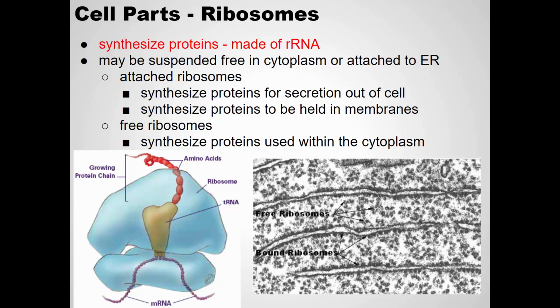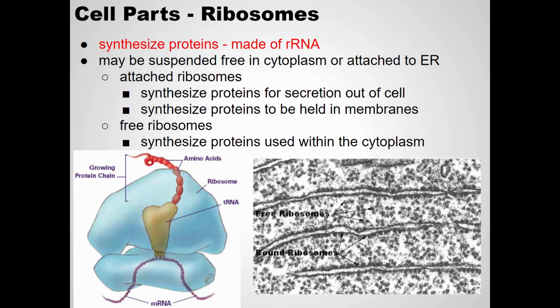So these ribosomes, some of them are just floating in the cytoplasm. These ribosomes are not attached to anything, they're just in the cytoplasm. Other ribosomes are actually attached to the ER. They're embedded in the surface of the ER, which we'll talk about in a minute. And those different ribosomes, depending on their location, have different functions.